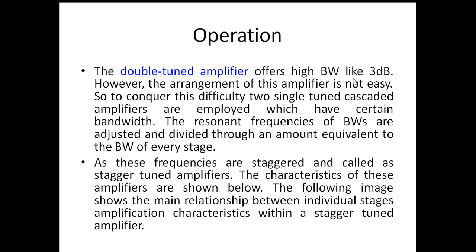So, to conquer this difficulty, two single tuned cascaded amplifiers are employed, which have certain bandwidth. The resonant frequencies of bandwidths are adjusted and divided through an amount equivalent to the bandwidth of every stage.